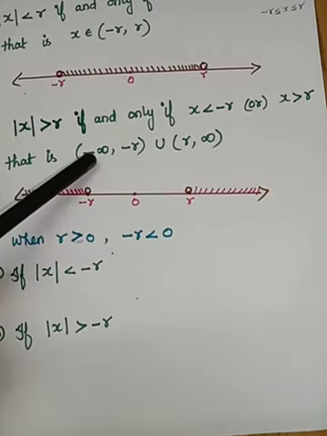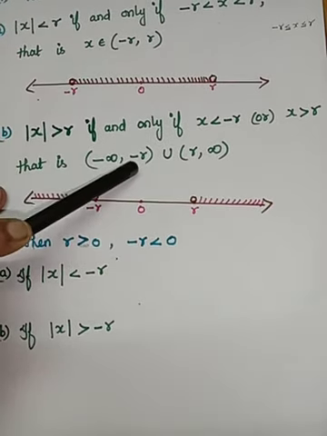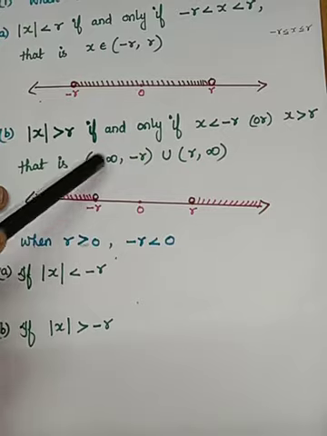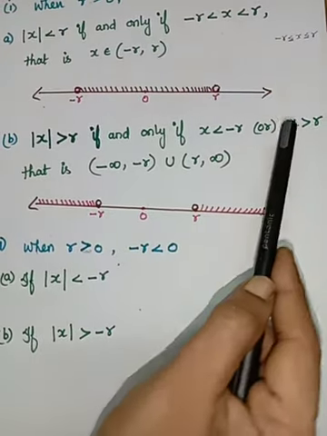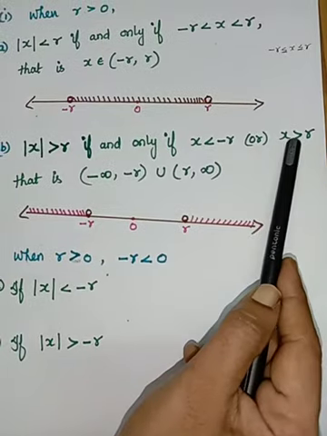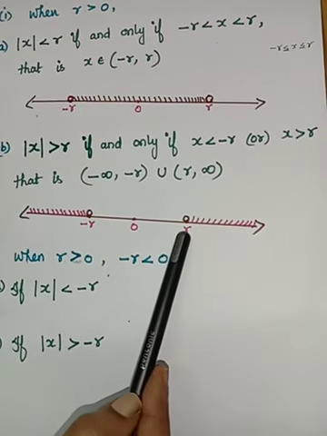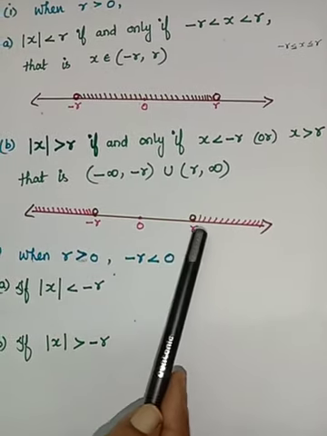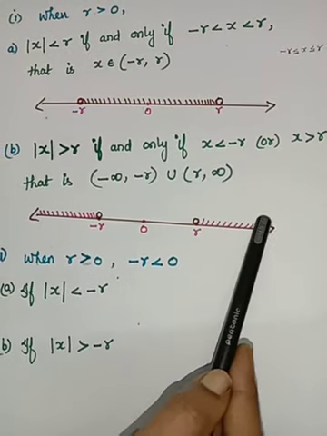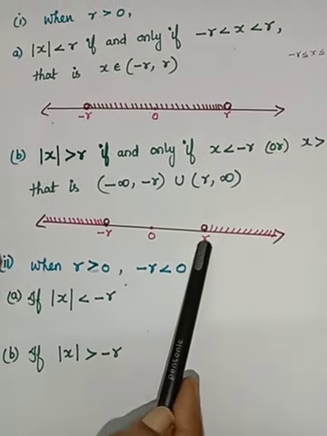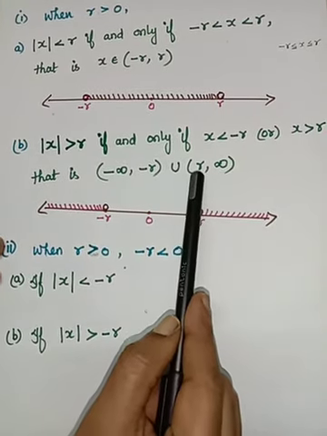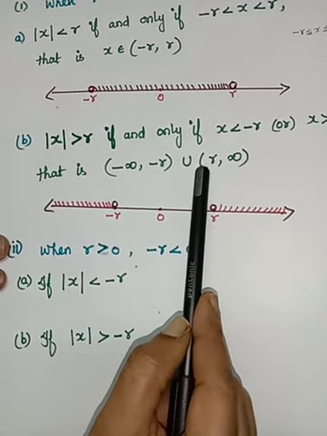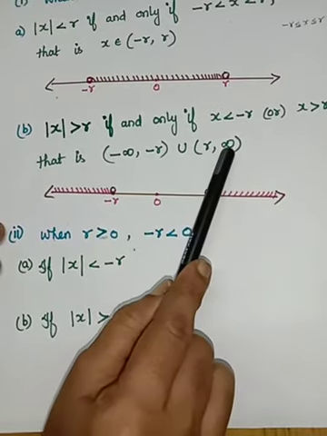So therefore your x belongs to minus infinity to minus r. So you have to use this bracket. Okay. And the next interval is also there. So what is here? X greater than r. This is your r. When x is greater than r, you have to shade the right side of r. So from r, where does it go? It goes to infinity. So we have to write the open interval r to infinity.